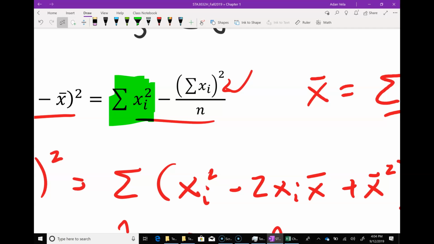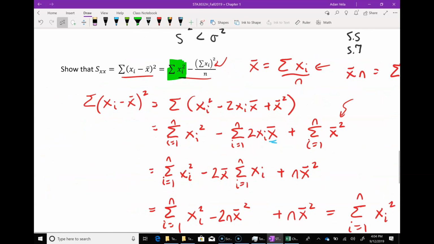When I converted this file to a PDF, so if you download it from web courses, you're going to see that square inside the parentheses. So it's going to look like the sum of xi squared. That's wrong. I don't know why Microsoft translates its own equations incorrectly, but it does. So just be aware of that.